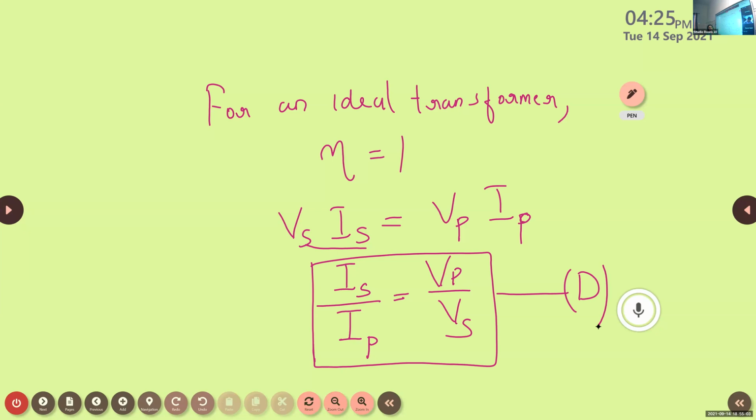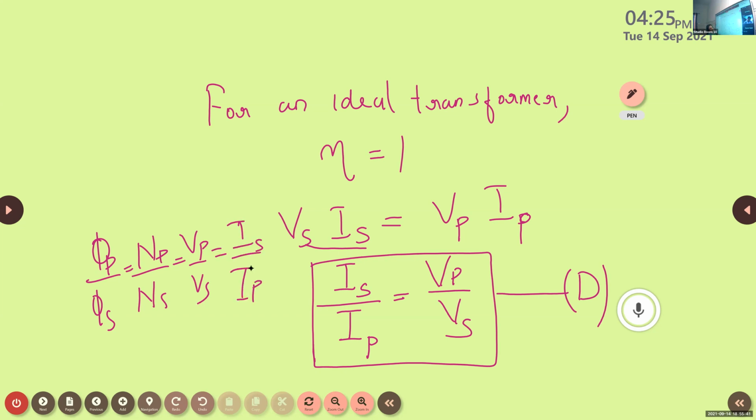Or by rearranging the equation, we get Is by Ip is equal to Vp by Vs. So here in the equation number C, we get phi P by phi S is equal to Np by Ns, which is equal to Vp by Vs. Again, from equation D, we get that Vp by Vs is equal to Is by Ip, not Ip by Is. It is equal to Is by Ip.